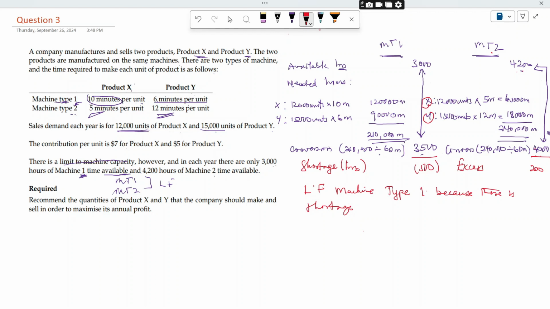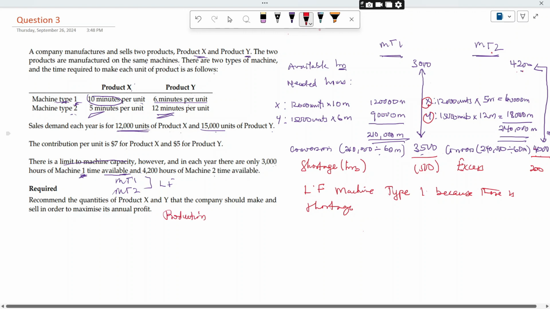So, production schedule. We'll start with product, time needed, and time left.